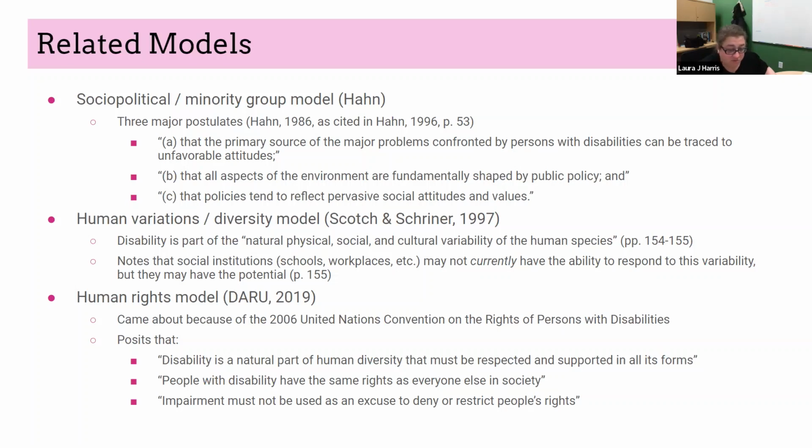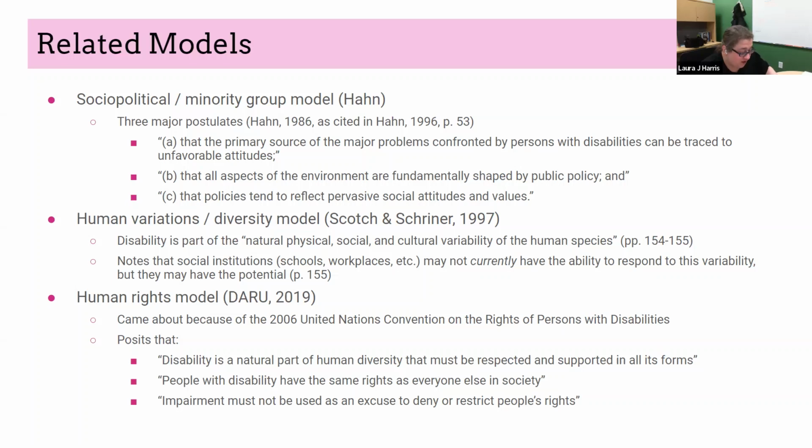This is in the reference section at the end. There's an article by Dirth and Branscombe, and they actually did find that negative attitudes toward people with disabilities do affect policy. So Hahn's observations have at least some evidence backing them up.